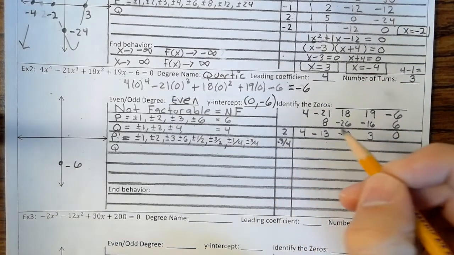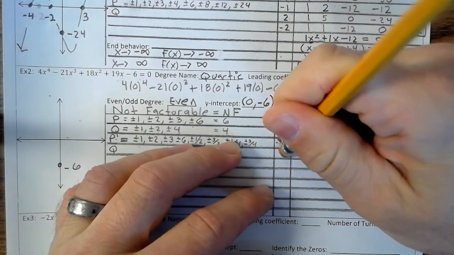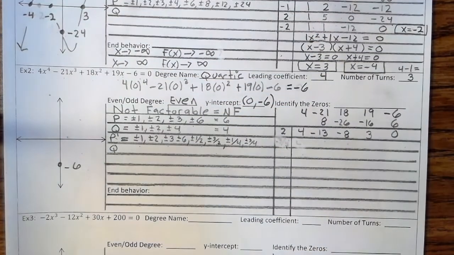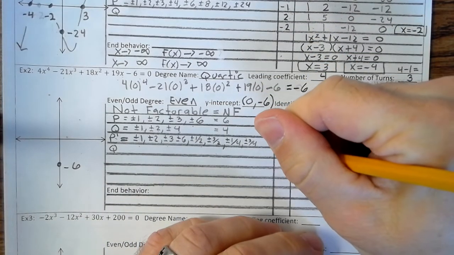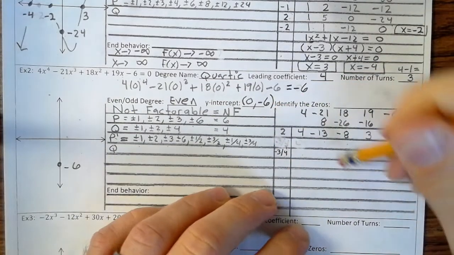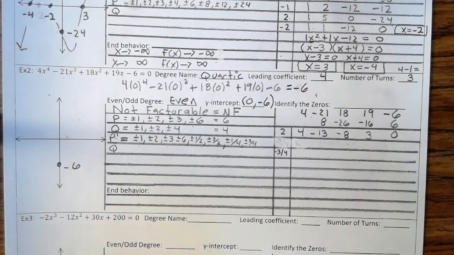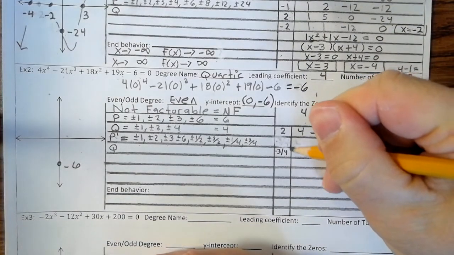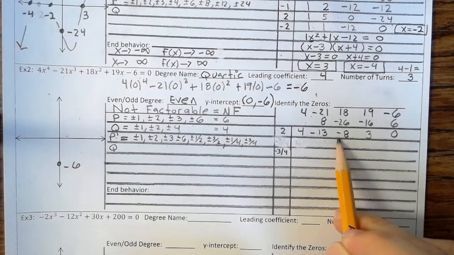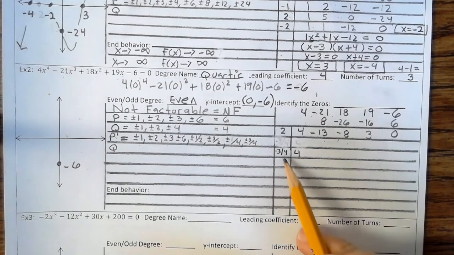Okay, so we bring down the 4. Actually, I'm sorry, we need to start a whole new synthetic division. So negative 3/4 here. And the reason being is this is now the reduced form of that. So we're going to use synthetic division again to try to reduce this and also see if this is a 0. So we bring down the 4.